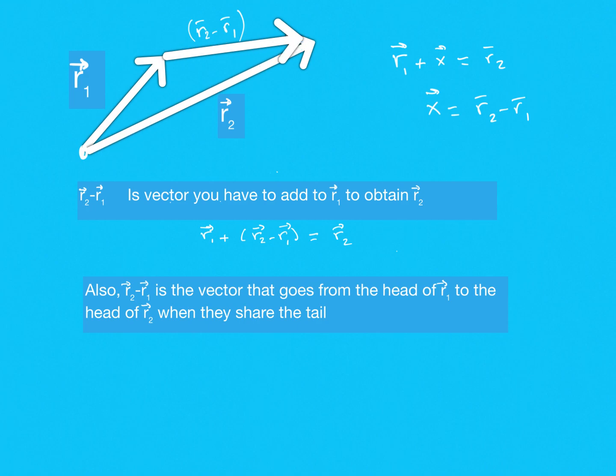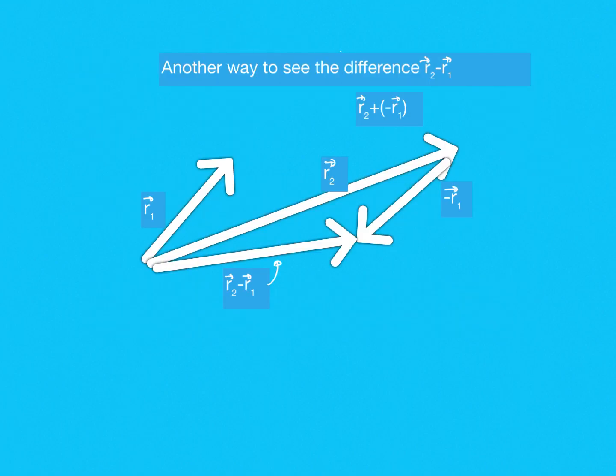This is the vector that you have to add to R1 to obtain R2, because remember our picture: A, V, and the sum C. Oh, it's clear this.